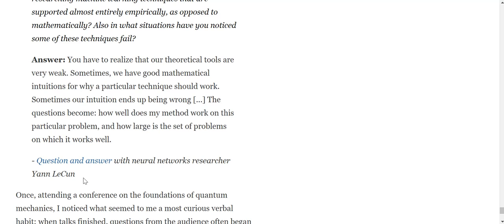And this is a great answer, to be honest, because our intuitions are wrong many a time. I just had a very bad day with my intuition in a question based on probability, because intuition often deceives us. So the question is, how well does your method solve your particular problem? And in the larger scheme of things, how many problems can your particular method solve?